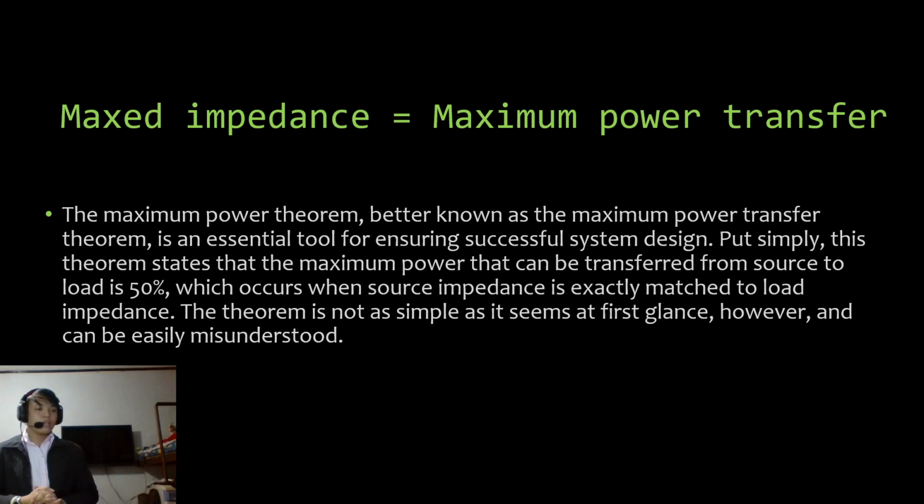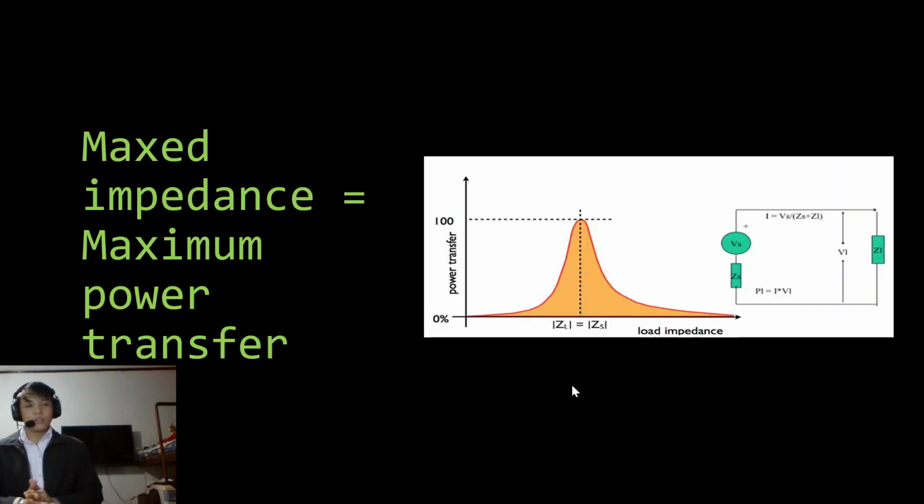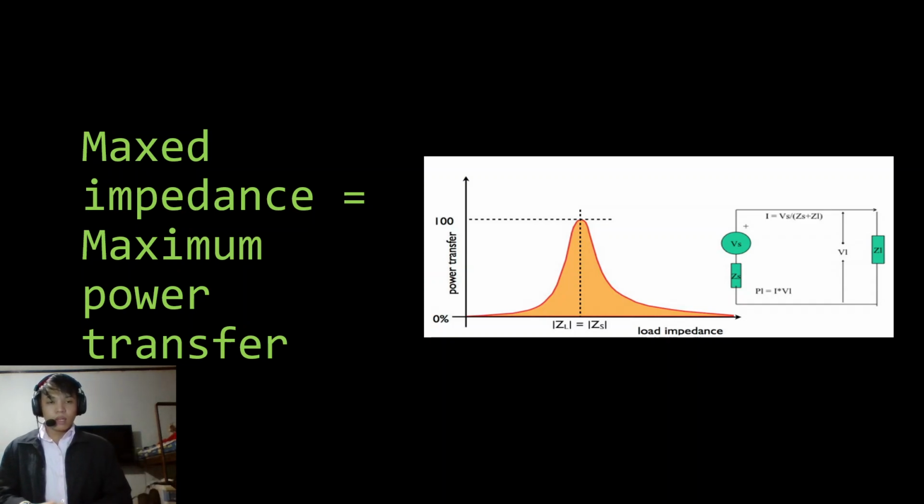The radiated energy of equal intensity is required by a sphere whose surface area is given by 4 pi r squared. So here, as we can see, it is the maximum power transfer.